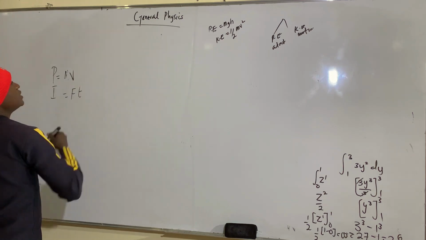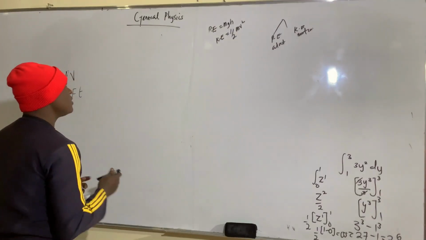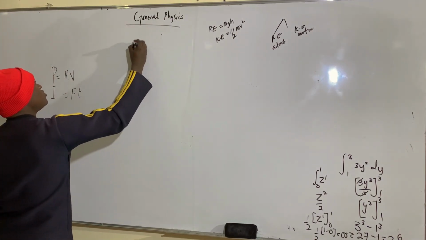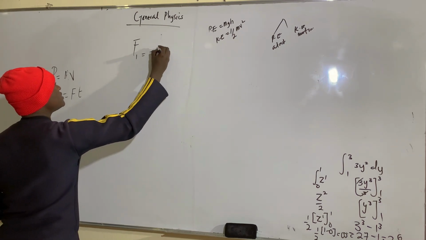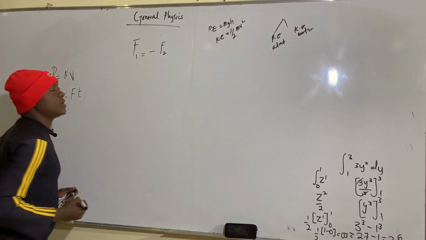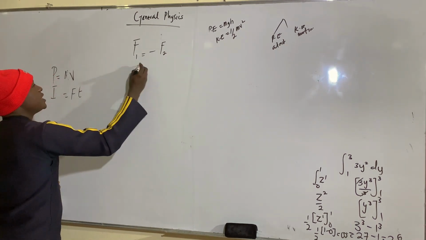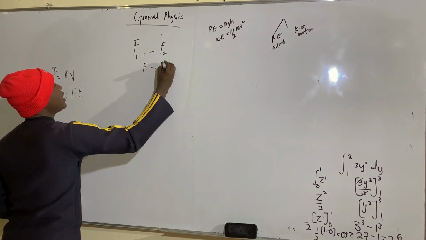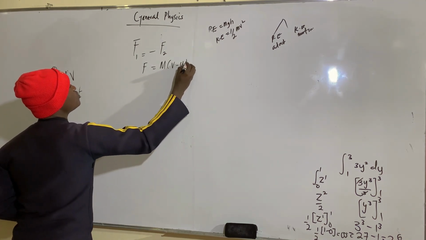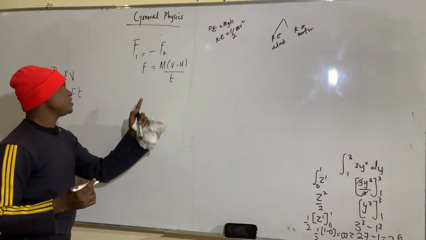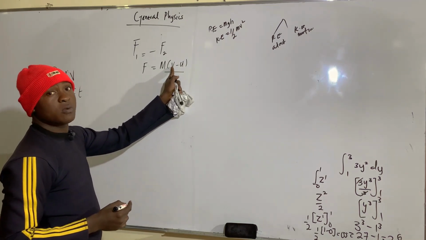From here, let's look at the way I would derive it. Let's say I have two objects moving in two directions. Let's say F1 is equal to minus F2. We know that F is equal to m bracket of v minus u over t. You recall, right? Let's say I want this v to be my common velocity.